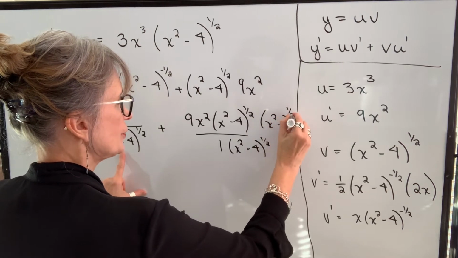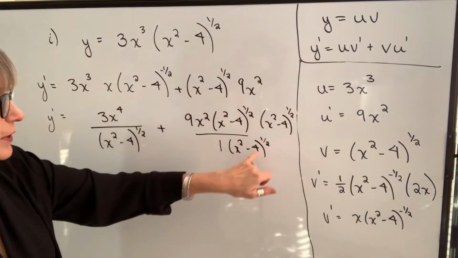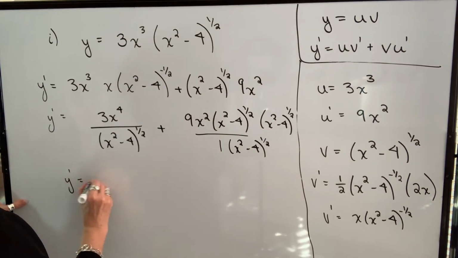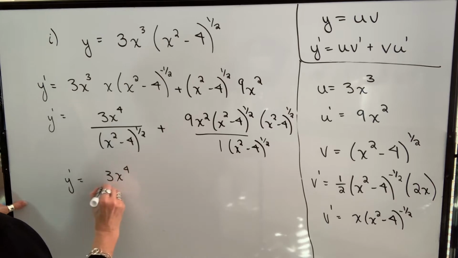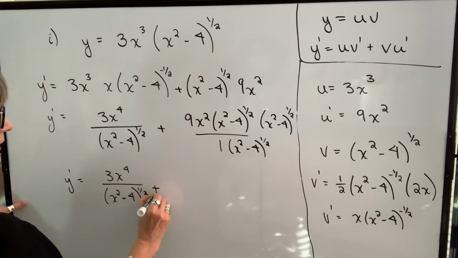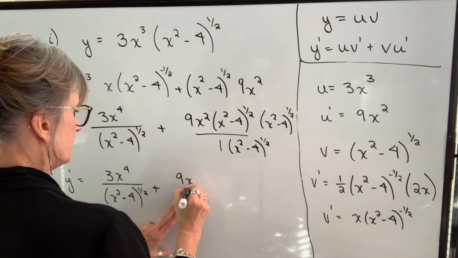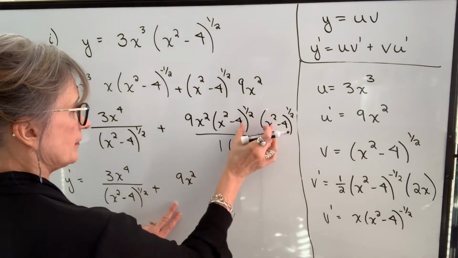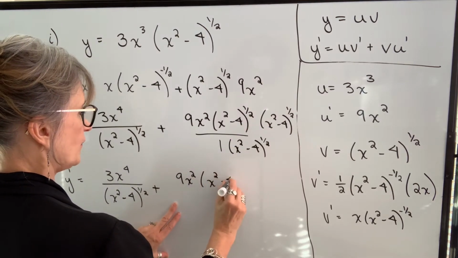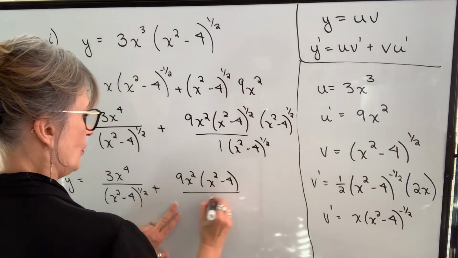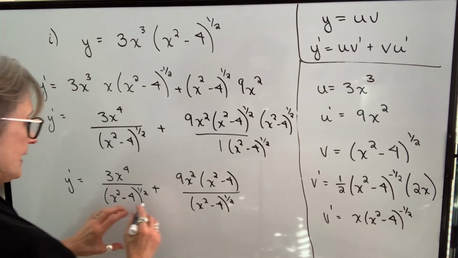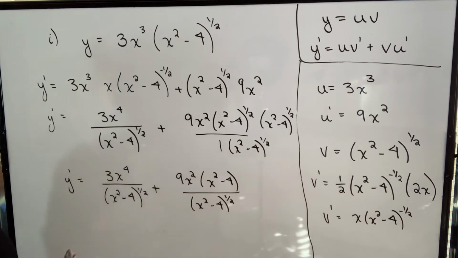So I haven't changed the value of the fraction because I've just really multiplied by a value of 1. Now, when I do that, I can multiply these two powers because they have the same base. So I'll have x squared minus 4 to the power of 1 over x squared minus 4 to the 1/2. Now that I have a common denominator, I can combine those numerators.